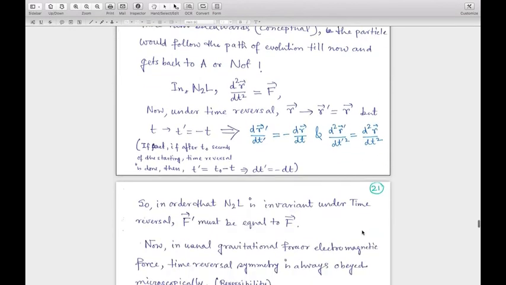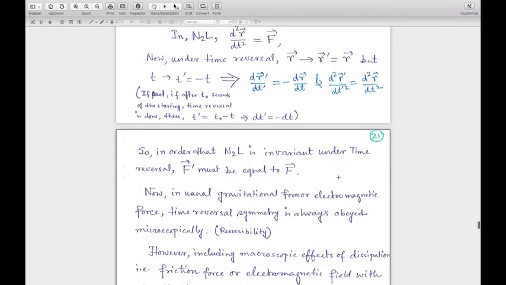That you can understand easily. So the left hand side, under the time reversal, the mass is also unchanged. So the left hand side of Newton's second law is unchanged. The question is whether F prime will be equal to F or not, right?